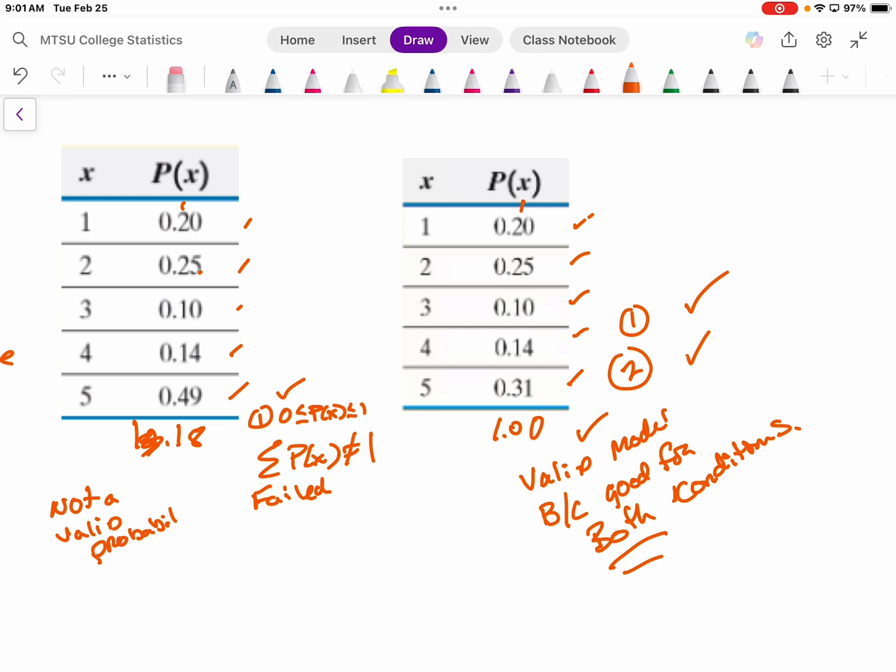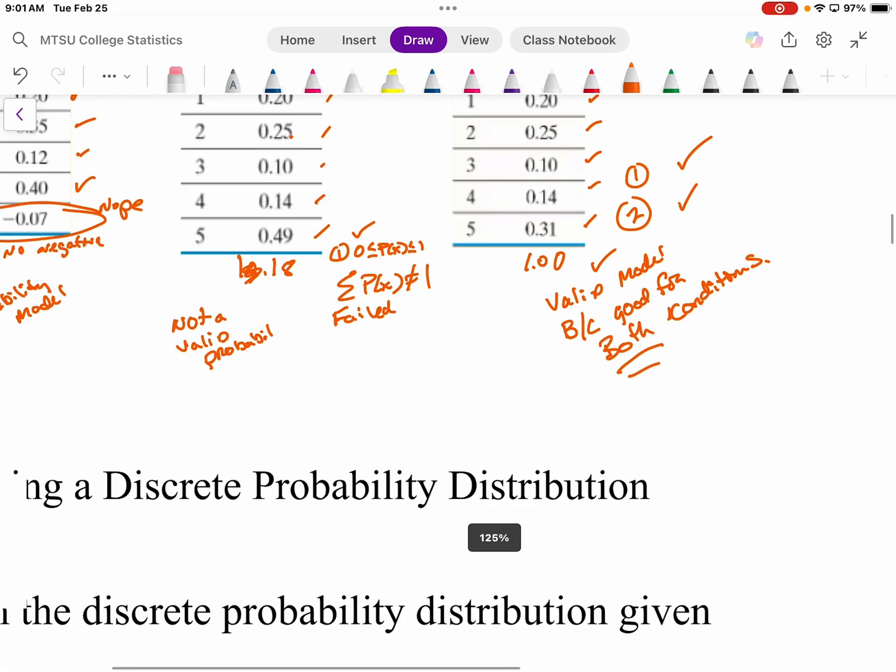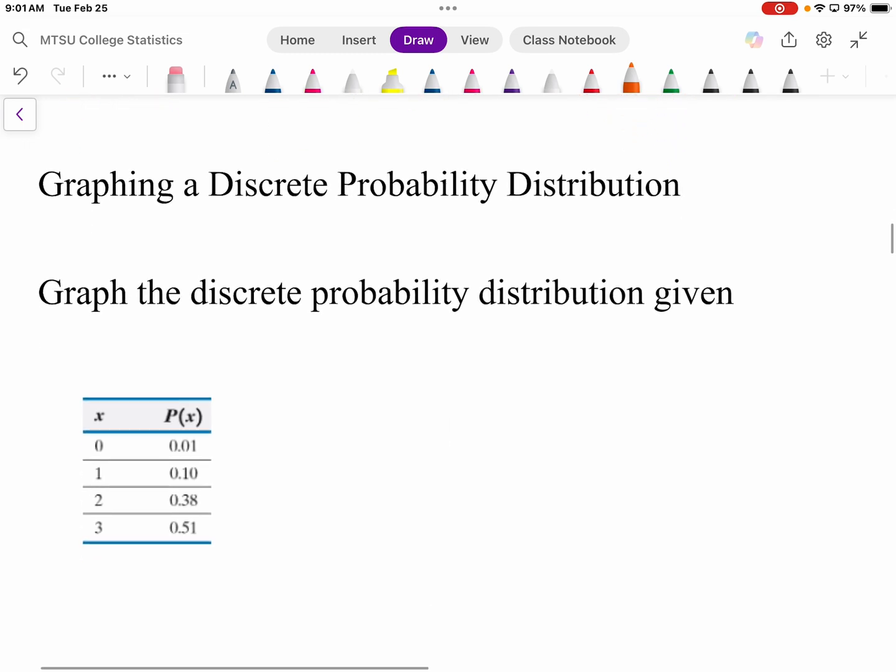So that's why we go out to 4 decimal places, round to the 4th typically, because by then, when we start adding all this up, we should be okay to get exactly 1. Or in some cases I saw problems rounded to the 5th. If we create these models, we're just trying to make sure that it does add up to 1 with the rounding.